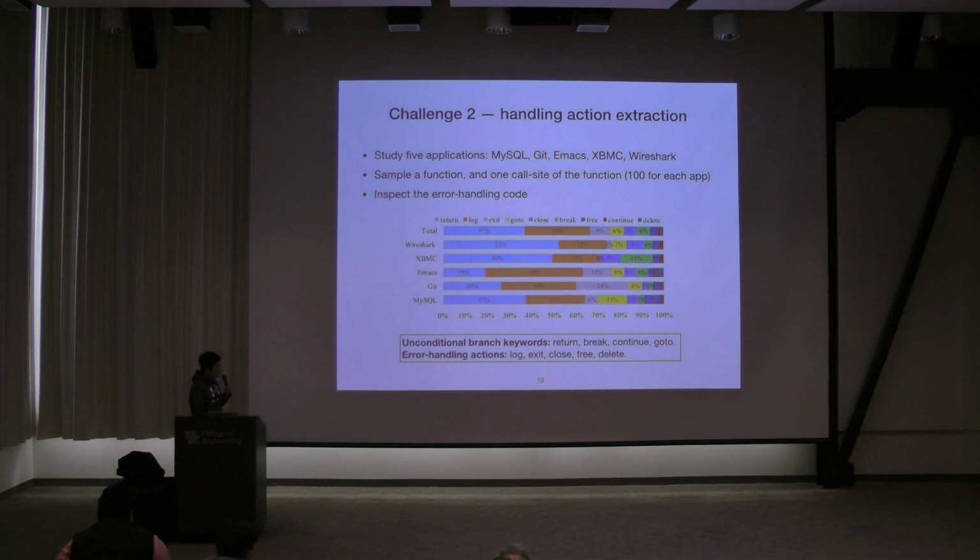The other is to use program-specific functions to perform some error handling actions like log, exit, close, free, or delete. The distributions of these keywords or actions are shown in this figure. You can see in most cases, developers prefer to use return, log, or exit.